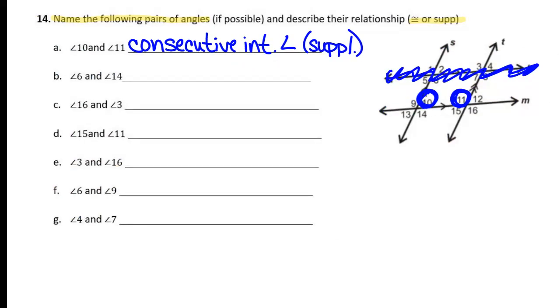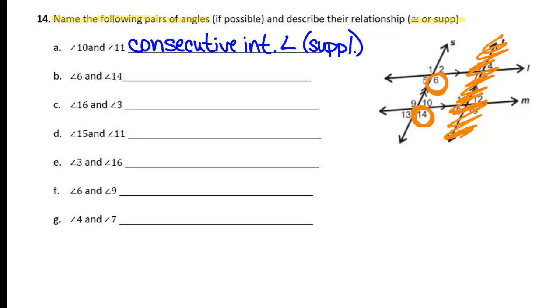All right, 6 and 14. Here's 6. Here's 14. What's the transversal that connects them? S. Which line doesn't touch either one? T, so ignore that one. Are 6 and 14 interior, exterior, or one of each? One of each. What's the only named angle pair that we could use if we have one of each?